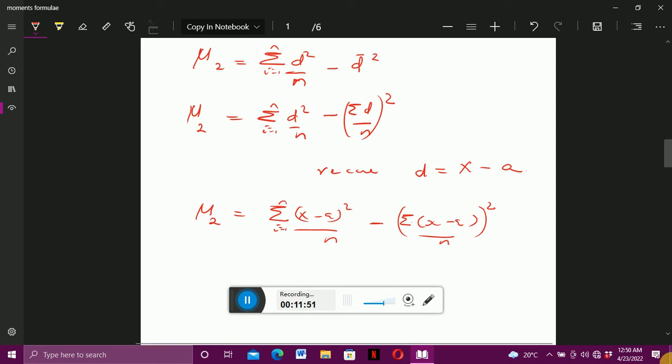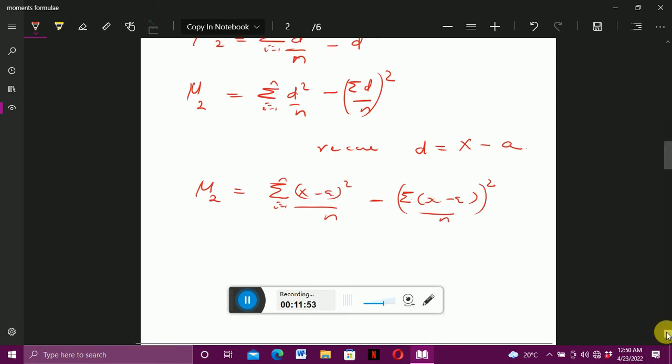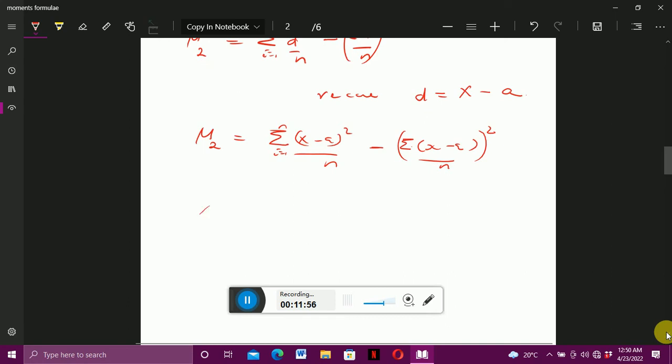If you look at what we have here, mu2, which is the second moment about the mean, is given by, this is actually the definition for mu2 prime, minus, what we have in the bracket here, the first moment about a point, and it is actually squared.